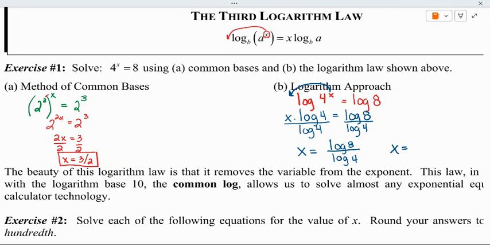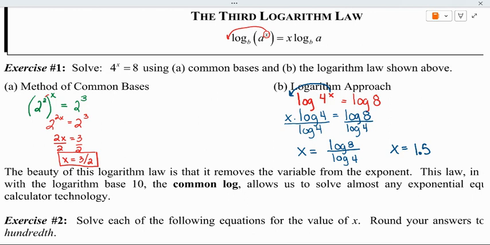Okay. Let me turn my calculator on. Log 8 divided by log 4. I get exactly 1.5. I do. Okay. So where are you?